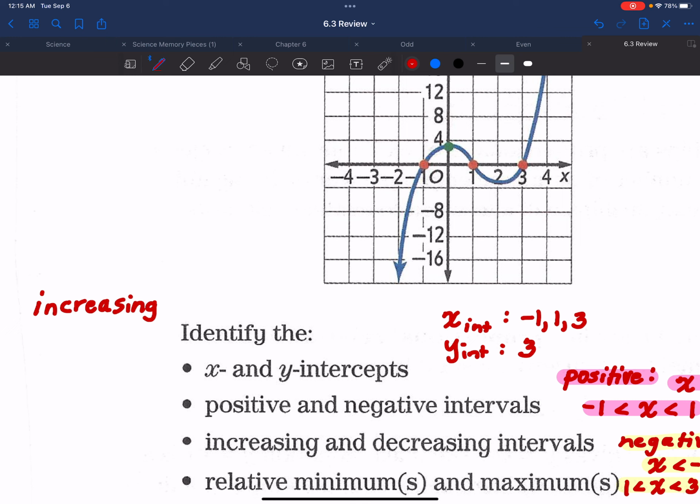And that's going to happen right here up to that point. So until x reaches 0, you're going to be increasing. So x, anything less than 0 is on the increase. And then you have a decrease from here to here.